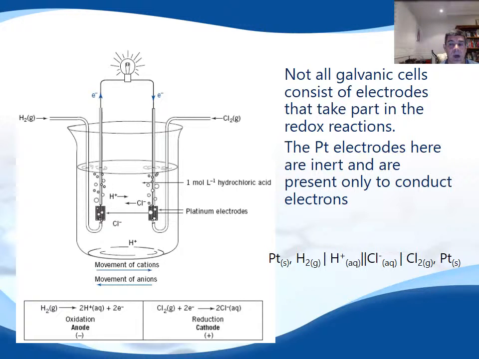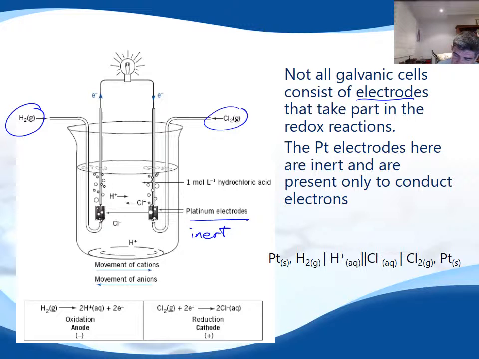Here's an example of what I just talked about, because not all electrodes in galvanic cells are actually participants in the reaction, and here is an example where both reactions that are occurring here do not involve the electrodes. So we've got platinum electrodes which are inert, they do not take part in the reaction, but we have hydrogen gas and oxygen gas.